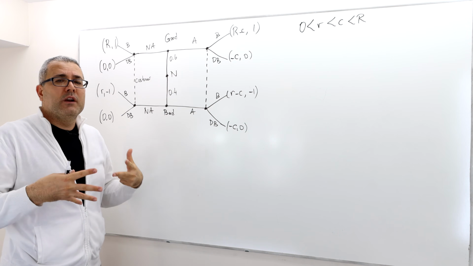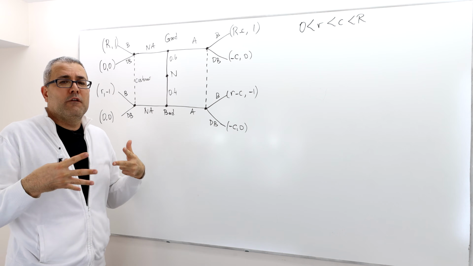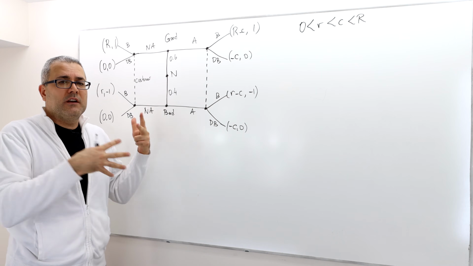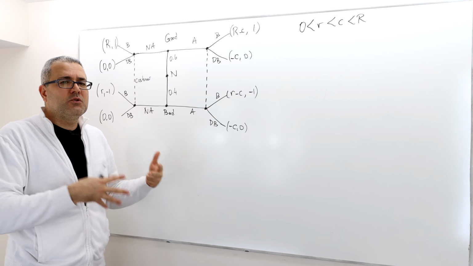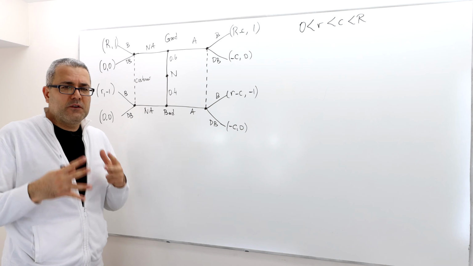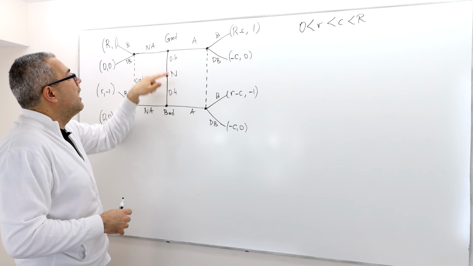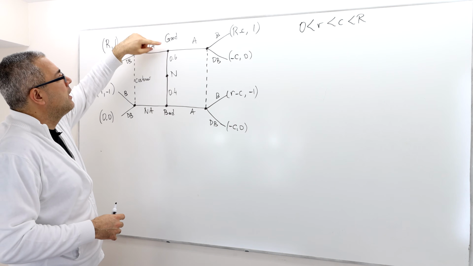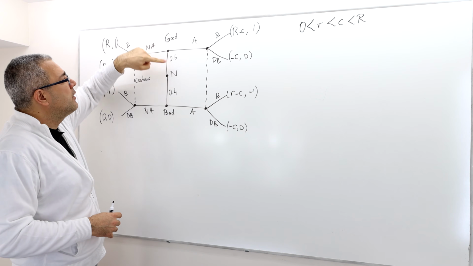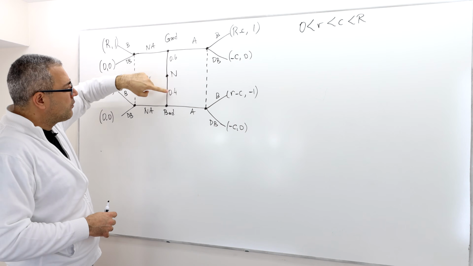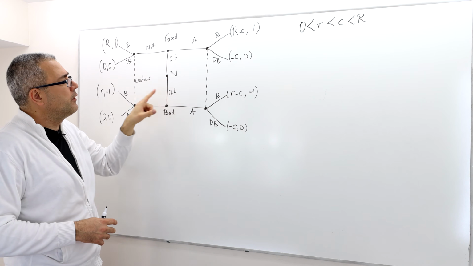And then we're going to be focusing on the firm's actions, whether the firm is going to advertise or not advertise. So for that reason, nature is not really a player, it determines the quality of the good. The product is going to be good with probability 0.6, therefore it's going to be bad with probability 0.4.